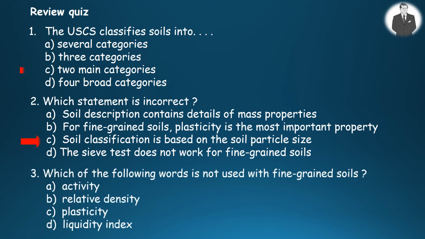The third question, which of the following items is not used with fine-grained soils? Easy for you. Yes, the answer is B, relative density. You don't know what the relative density is yet, do you?